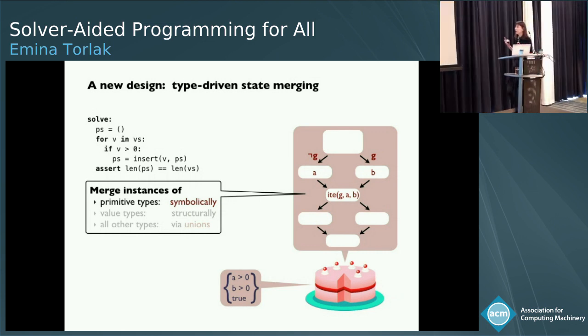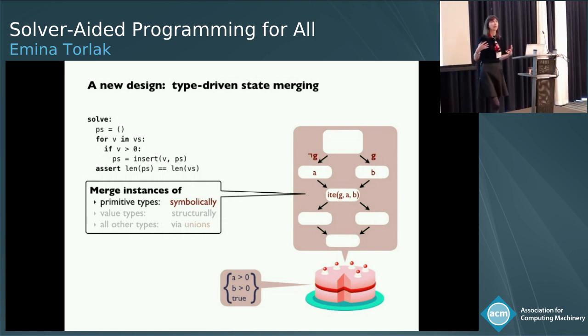Now, the more interesting thing is what happens when we get two instances of a more complex type. So in the rest of this talk, you can assume that the only programmer-defined or complex type in Rosette is list. We actually support programmer-defined data types, and all of these things work for those as well. But for now, when I say complex type, I mean a list.